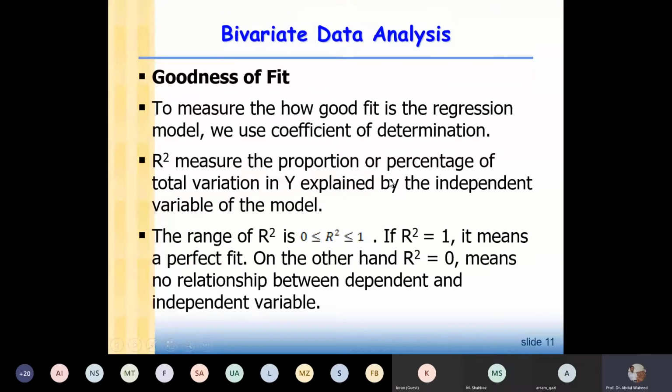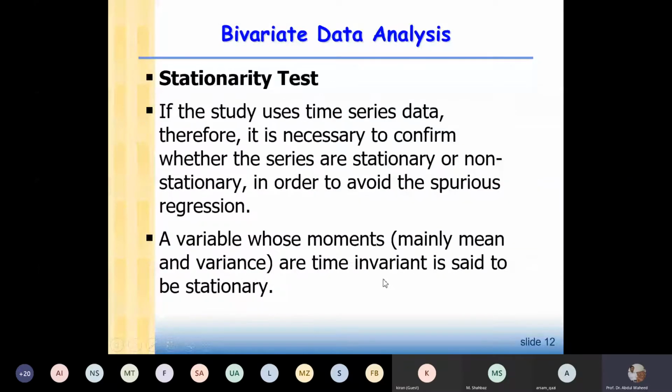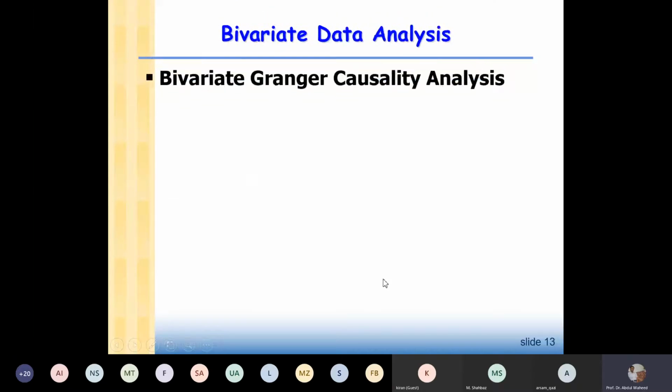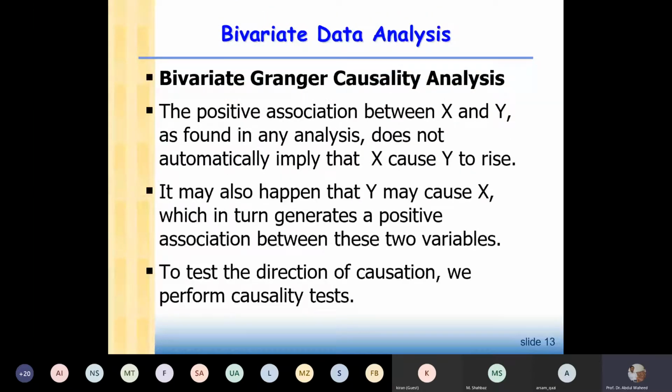So there is a possibility of unidirectional causality running from X to Y, a possibility of unidirectional causality running from Y to X, or a possibility of bidirectional causality when both X and Y are the cause of each other.